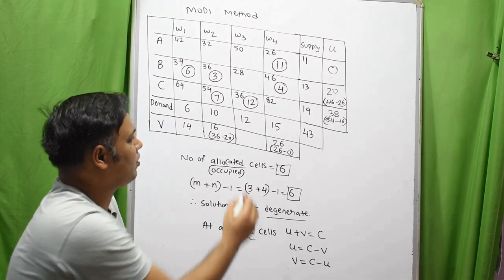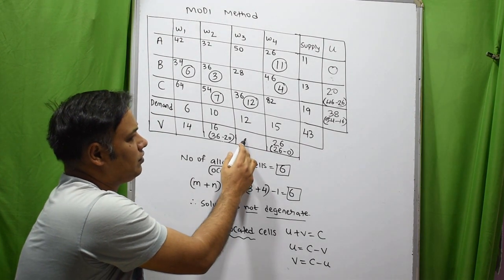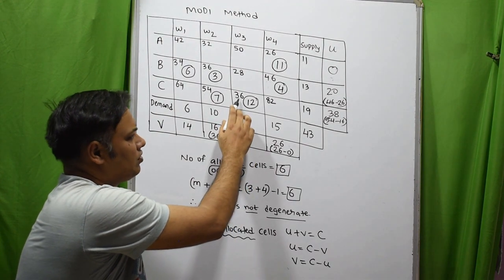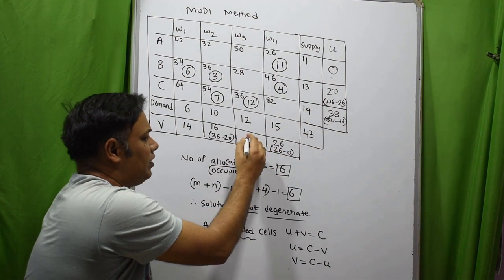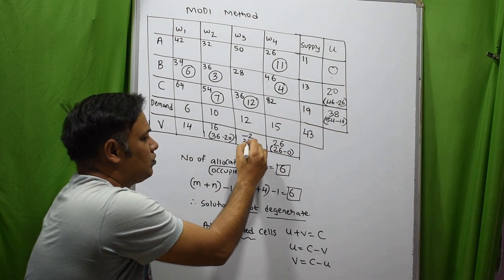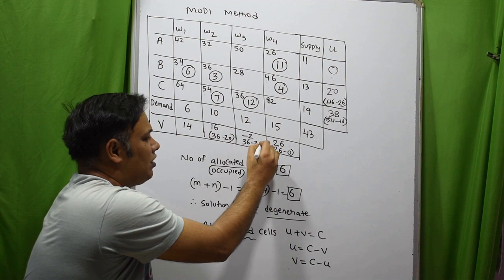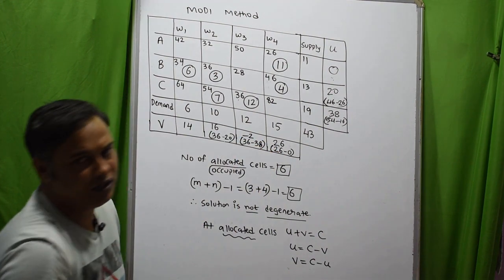And then we have one more here, in which the occupied cell is 36. So 36 minus 38, it will be minus 2. So I am done with all the values of u and v.